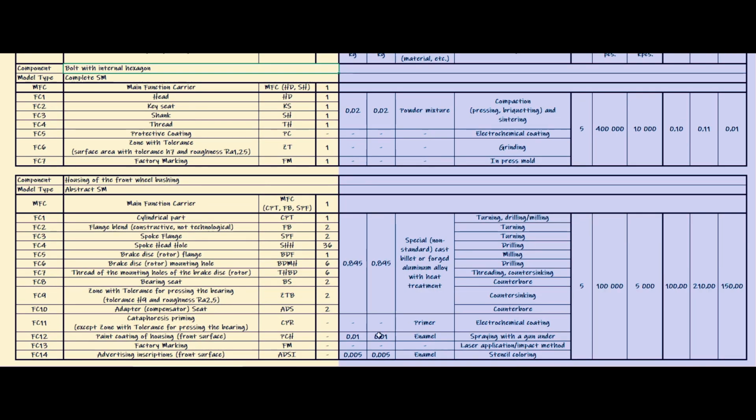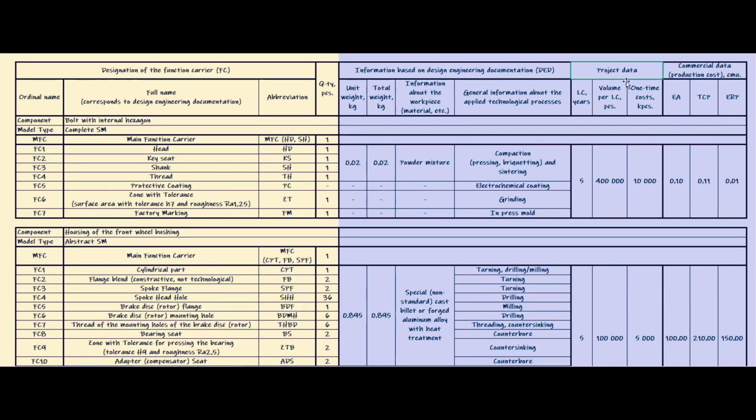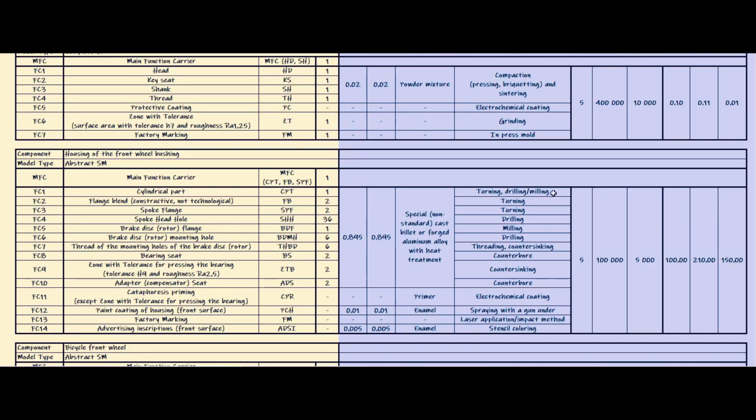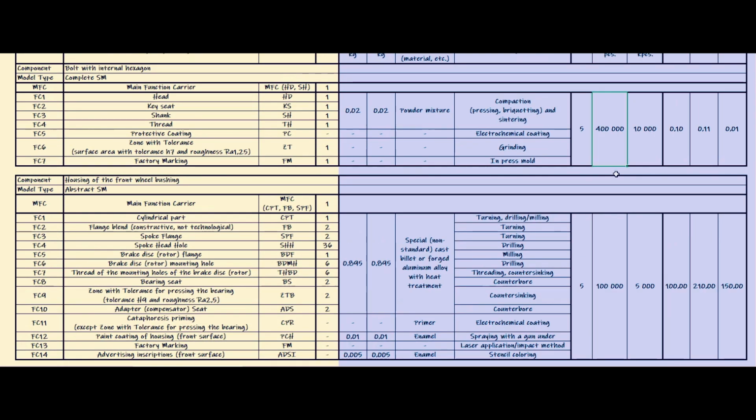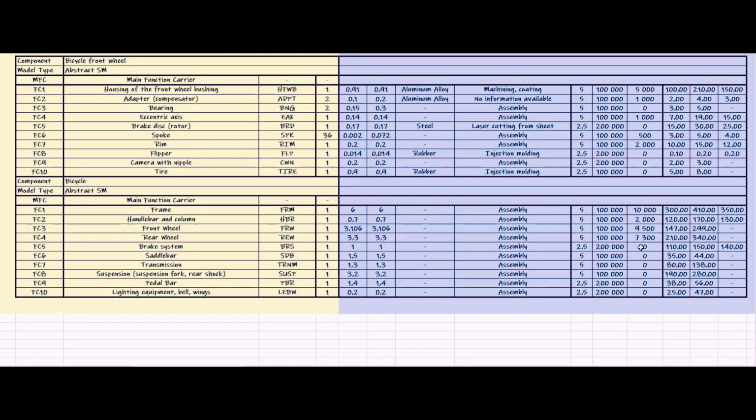According to the project data section of the extended structural model, the following can be noted. The volume of the product life cycle for the carriers of the functions of a complete structural model is not specified in this case, since it's impossible to produce one of the elements of an indivisible part separately from others.